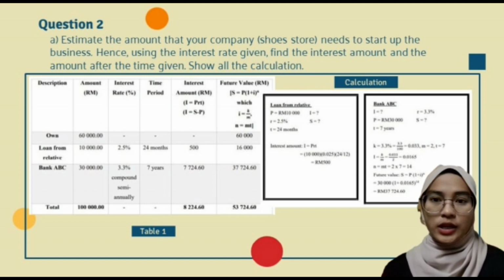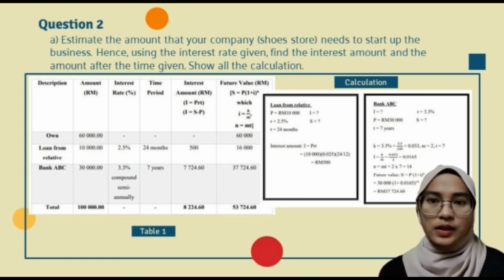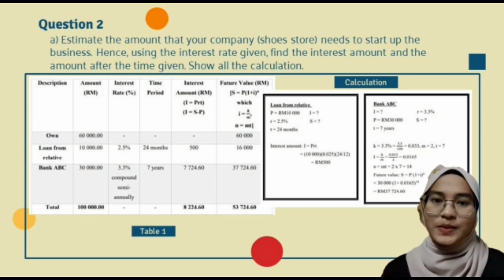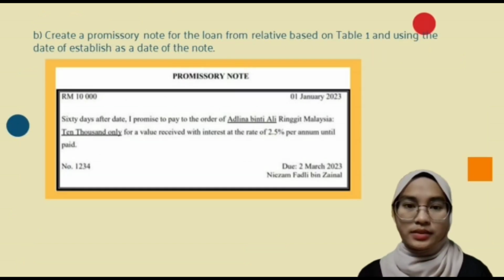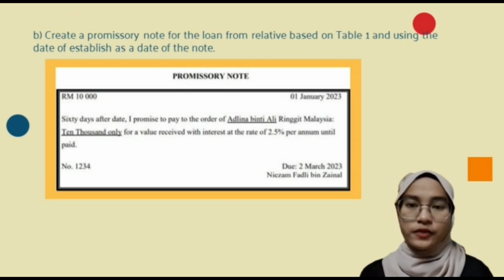For future value, I am using the formula S equals P(1 plus i) to the power n, and the answer for loan from relative is 10,500 ringgit Malaysia, and 37,724 ringgit Malaysia and 60 cents for bank ABC. Promissory note: the amount is 10,000 ringgit Malaysia with an interest rate of 2.5% per annum for 2 months.